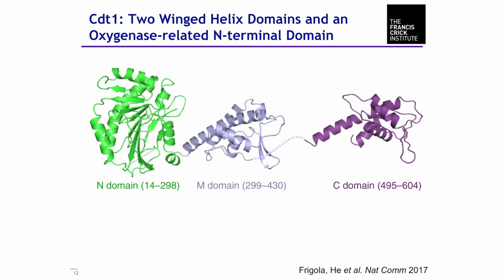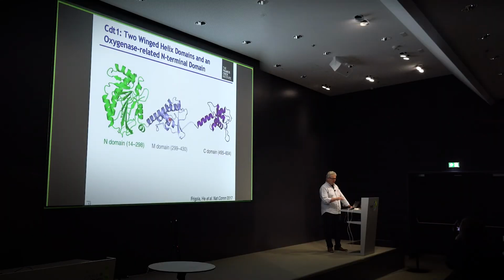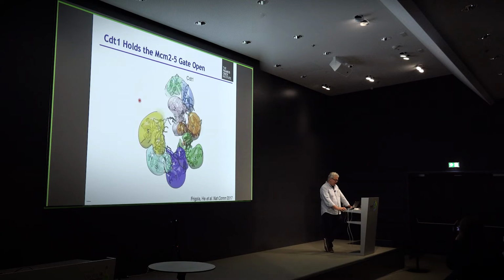So we've done crystal structures of the Cdt1 protein, and it's basically 2 winged helix domains, this sort of purple and this bluey color here. These are winged helix domains, and these are conserved in human cells. This green domain is specific for budding yeast, and it's related to oxygenases. It's catalytically inactive. Why it is, we don't know, but it's specific for budding yeast.